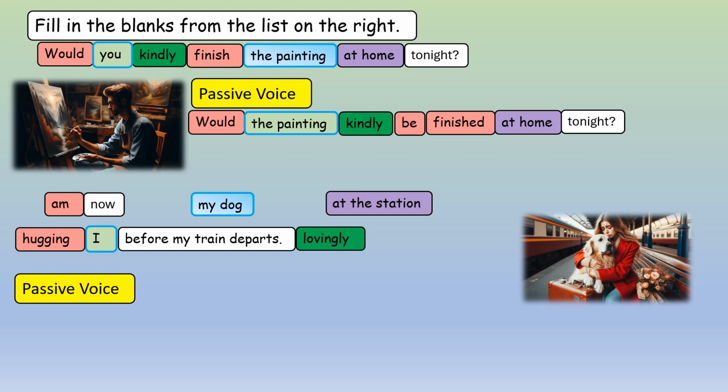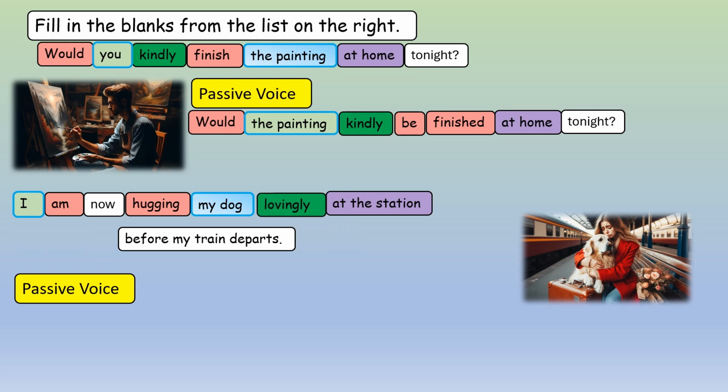So let's see how we are going to put this together. I need a subject. I am now. Verb, hugging. Now that's present continuous tense. My dog is object. Manner, adverb of manner. At the station is place. And then before my train departs, that's time.